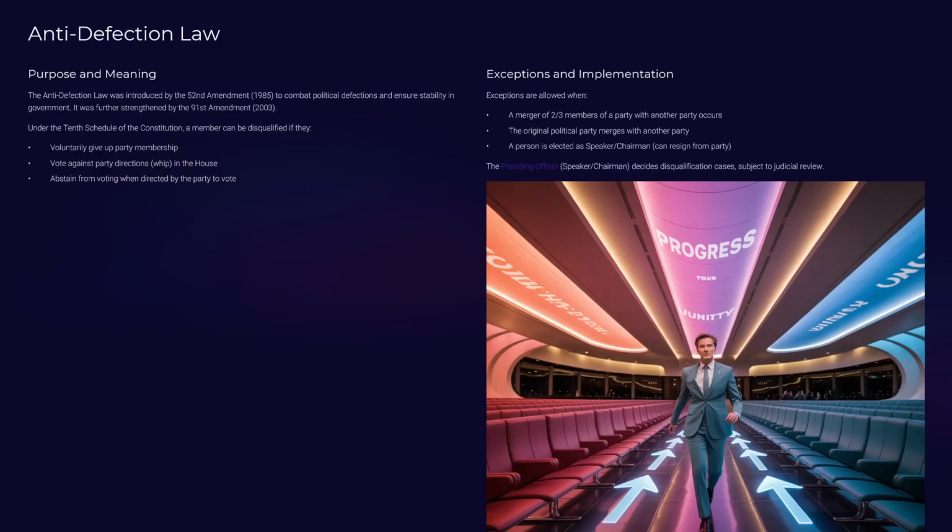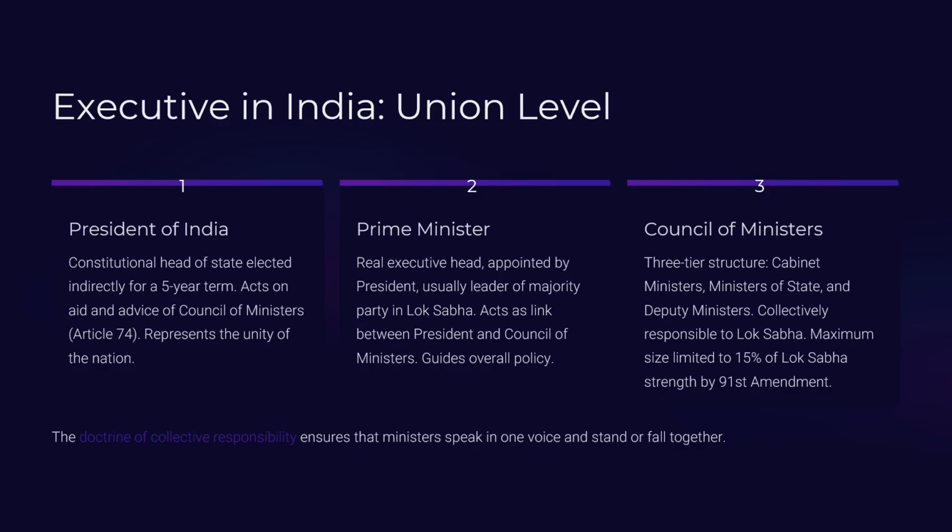The presiding officer, speaker or chairman, decides the disqualification cases, subject to judicial review. So the final power lies with the speaker or chairman. In the state, it is the speaker. In Parliament also, the speaker or chairman comes into the picture.